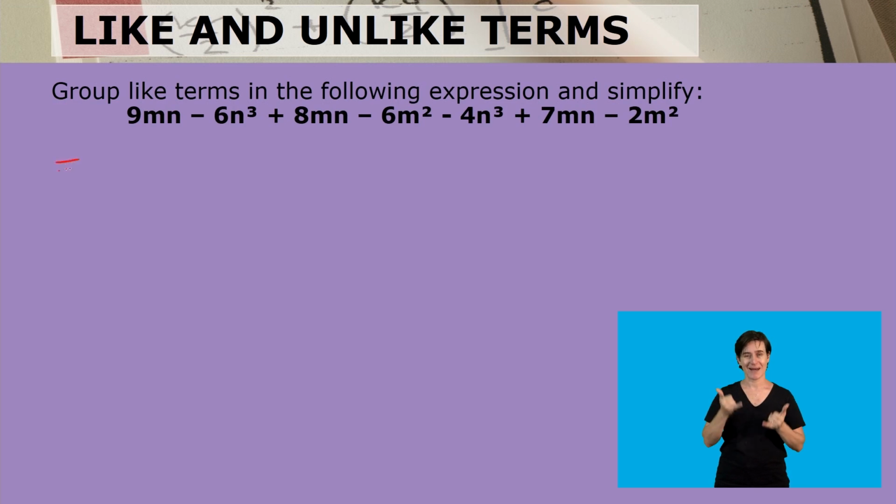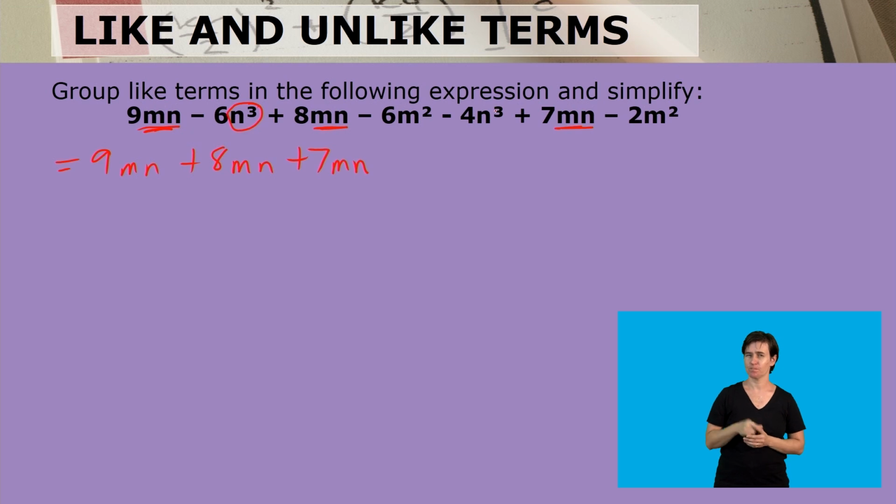All right, let's look at the next expression. Now it's easier for us to look at like terms because we've done it before. Now we look for mn, and I have 9mn, 8mn, and 7mn. So it's 9mn plus 8mn plus 7mn. Then I look at the next term, which is n cubed.